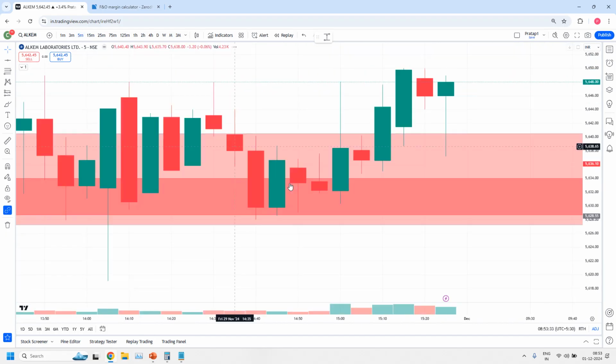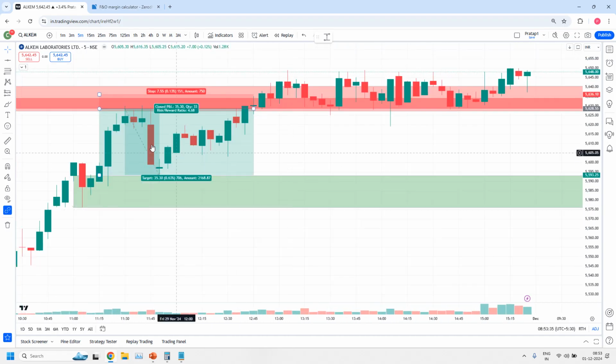Go to the 5 minutes time frame. Here you would have taken the trade, either in this candle or in this candle, one of these candles. At morning 11:30 you would have got the trade, and at morning 11:50 the trade is completed, in 20 minutes. In 20 minutes, how much profit would this have given you?